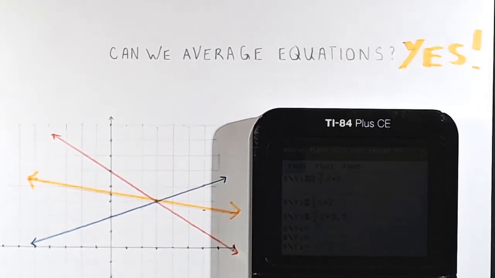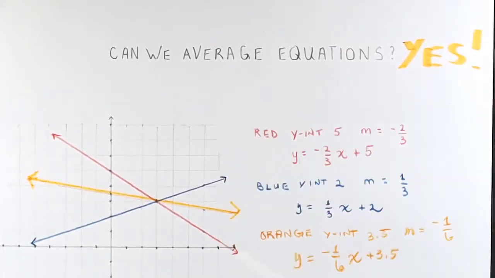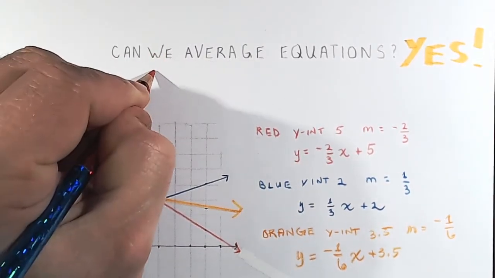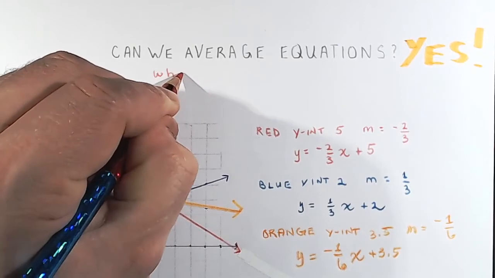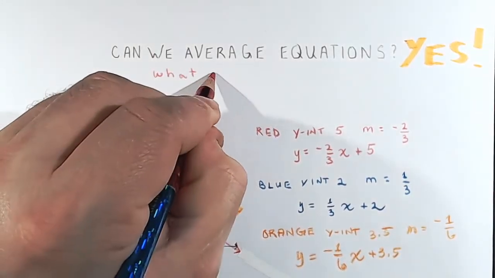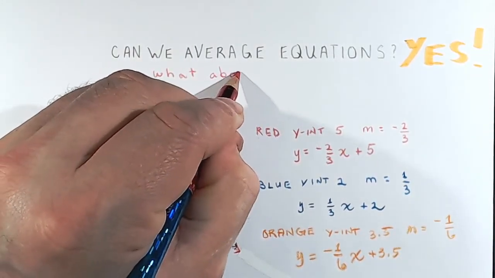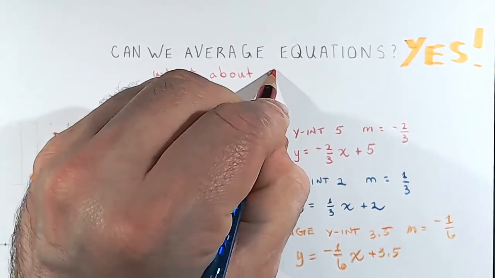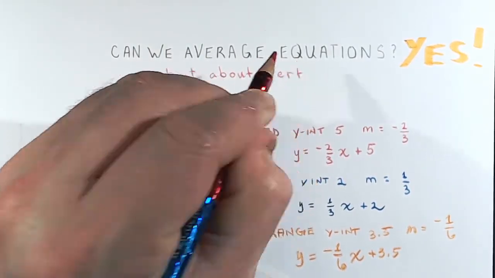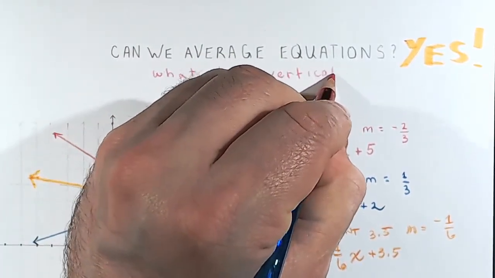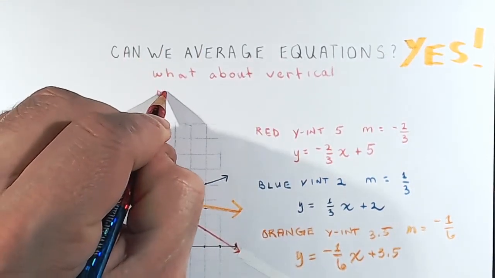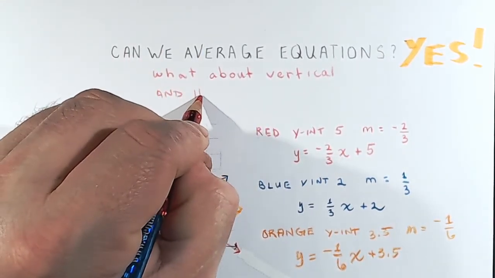So yeah, unanswered questions would be, what about vertical lines? Here are some unanswered questions. What about vertical and horizontal lines?